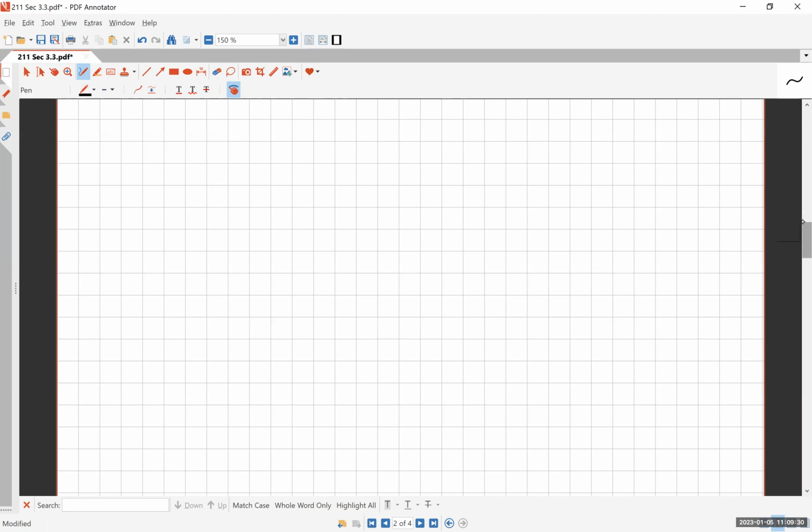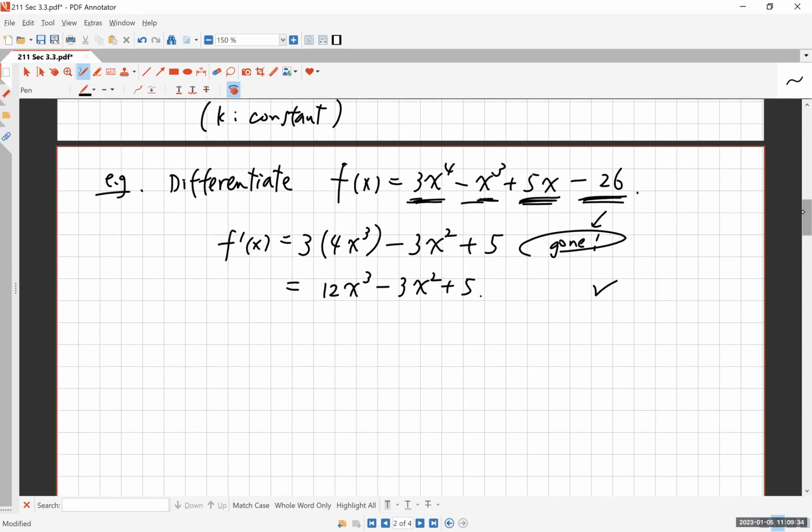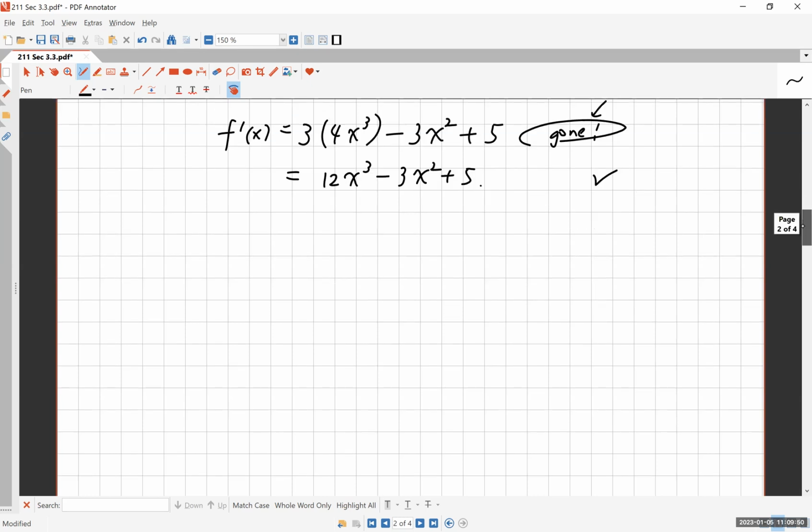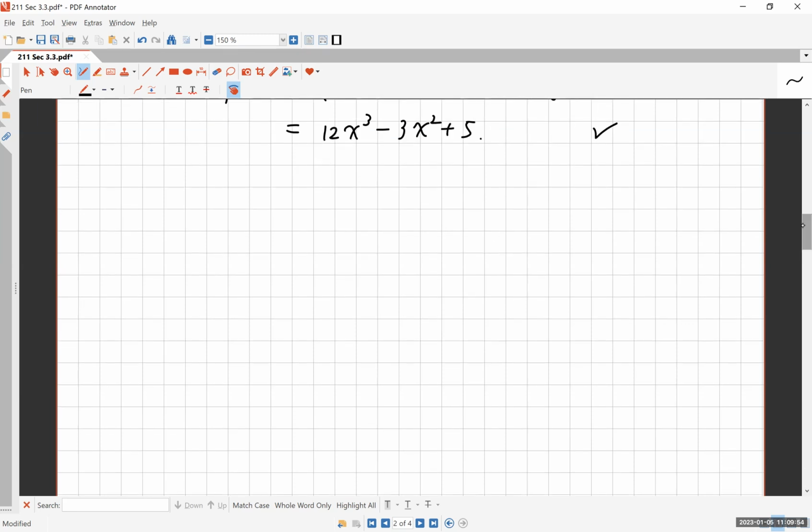So now you have these wonderful tools, 4 tools to use in order to differentiate: the power rule, the sum and the difference, and the constant multiple. So what about the product? What about quotients and products? Well, that turns out to be a little different story, slightly more complicated. So we'll cover that in the next segment of the video for section 3.3.